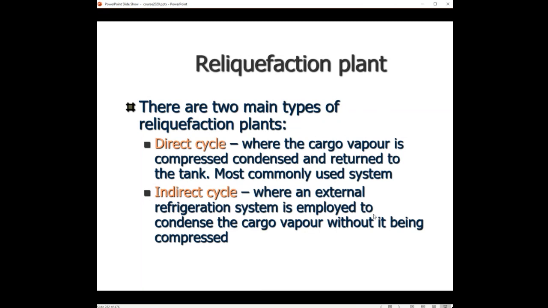However, it might become a problem with extremely toxic products. And that is the reason why they say these extremely toxic products, like chlorine, for example, must stay in the tank. You are not allowed to take any vapor out of the tank. So this must be carried in a type C tank. And if you want to do cooling of the tank, okay, but then with an indirect cycle so that the cargo can stay inside that tank.